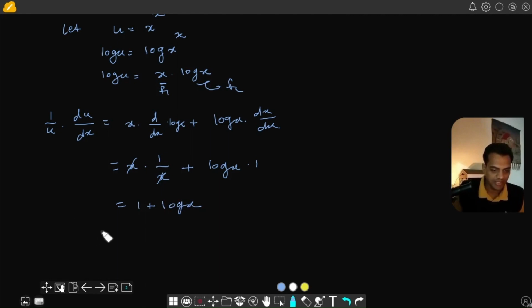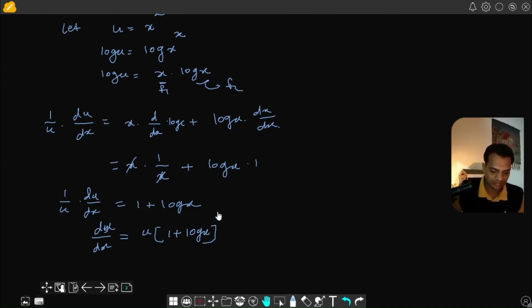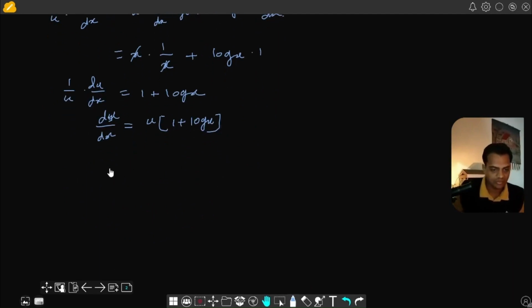So finally we will get du by dx. The value of 1 upon u into du by dx is 1 plus log of x. I want only du by dx, which is equal to u into 1 plus log of x. But what is u? u in this expression is x raised to x, so du by dx is equal to x raised to x into 1 plus log of x.